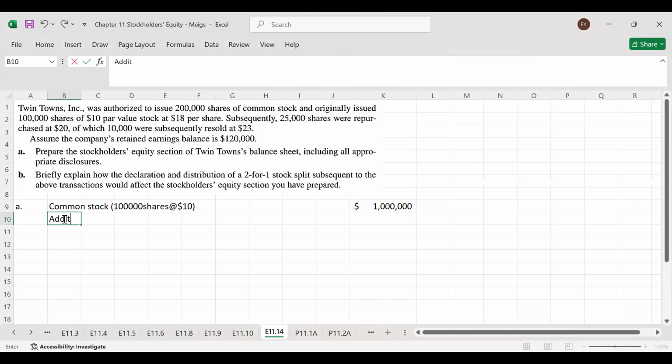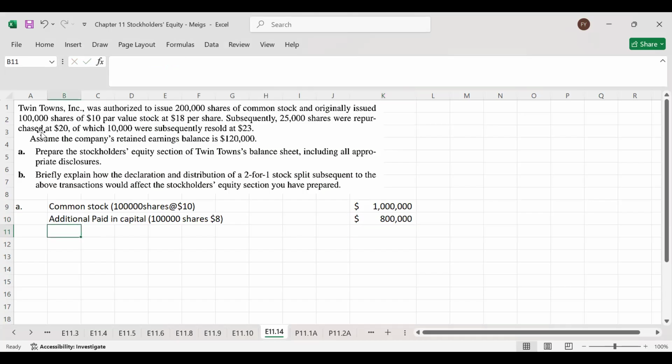So we have additional paid in capital, which is 100,000 shares, and the additional capital is 18 minus 10, so that is $8. So number of shares multiplied by 8 is the premium.